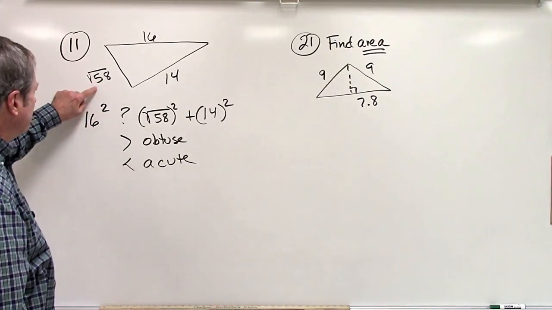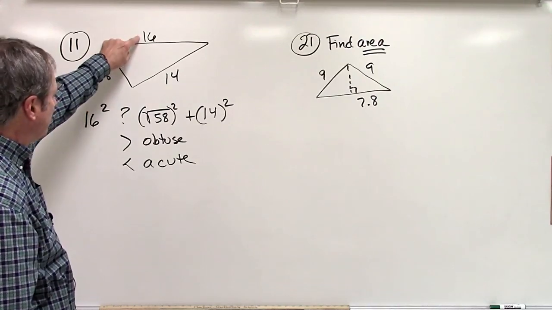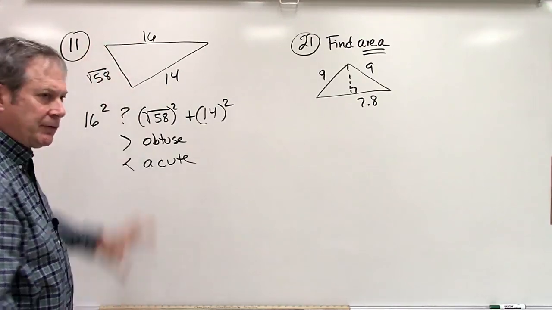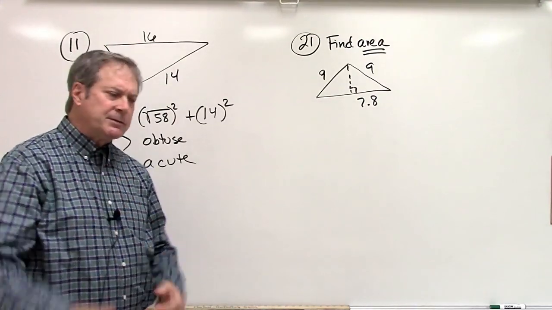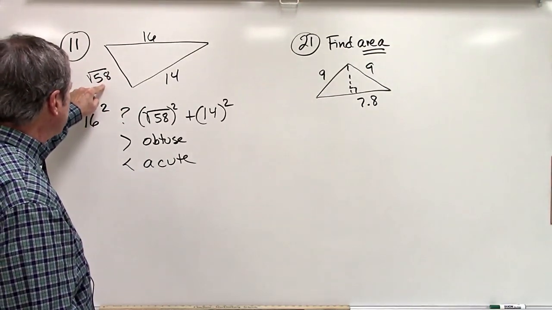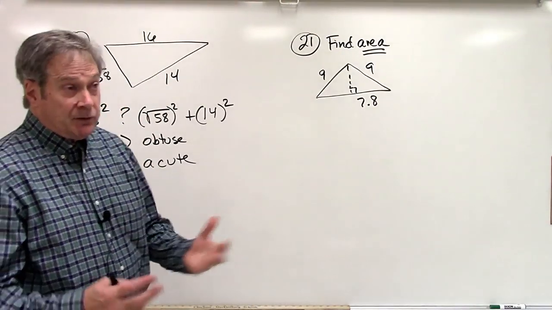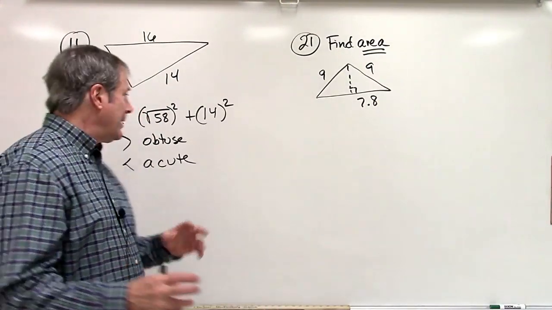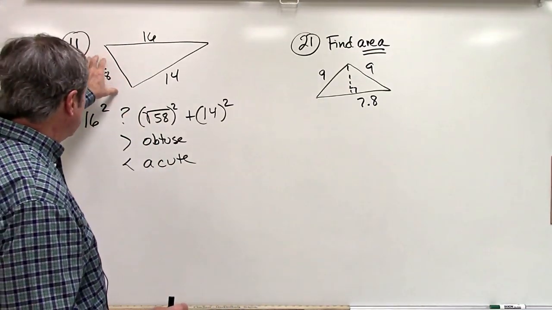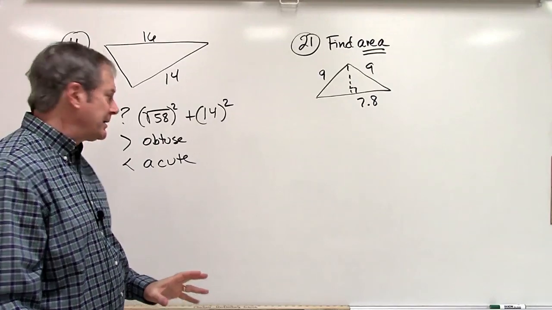Now, one thing that may not have been obvious, I just assume that this number is smaller than that. You can't always go by the picture, but ask yourself, the square root of 58, is that a bigger or smaller number than 16? Well, the square root of 64 is the number 8, so obviously this is smaller than it. So yes, this would have to be the hypotenuse if it is in fact a right triangle.